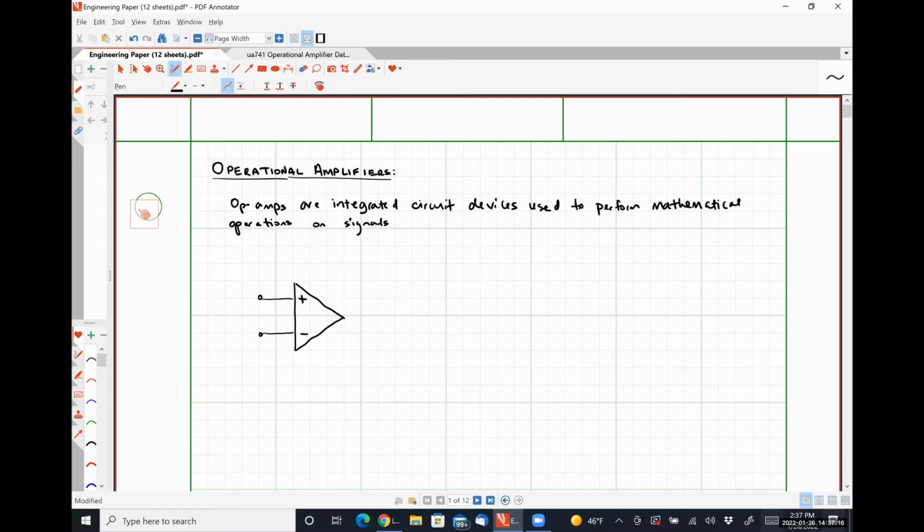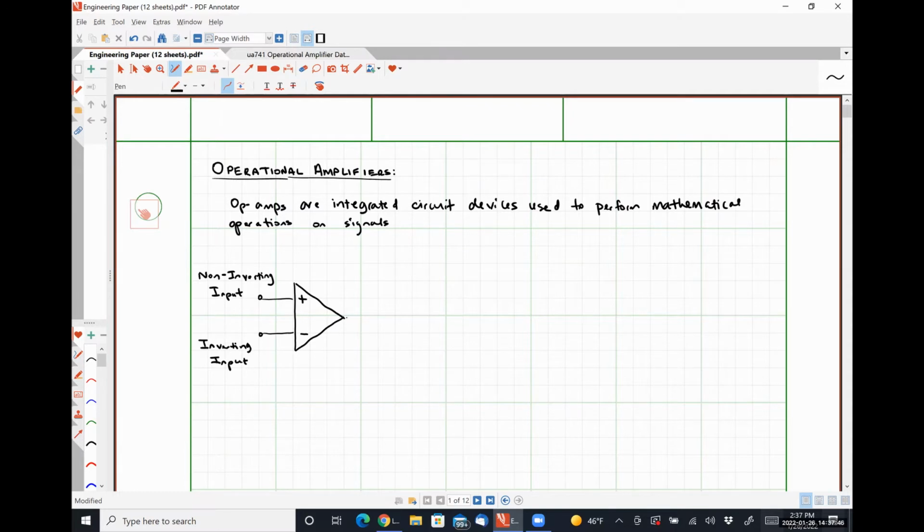The input on the plus sign is what's called the non-inverting input. And the one on the minus sign is what's called the inverting input.